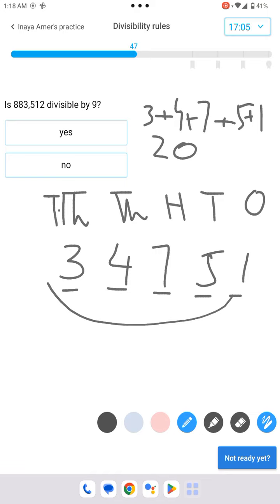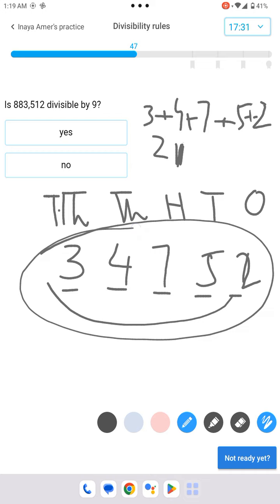But if there would be 2 in place of 1, now the sum would be 21 instead of 20. So yes, this time 21 can be divisible by 3. So you can say this whole number, 3 4 7 5 2, can be divided by 3 completely, which means there would be nothing left over and nothing in the decimal.